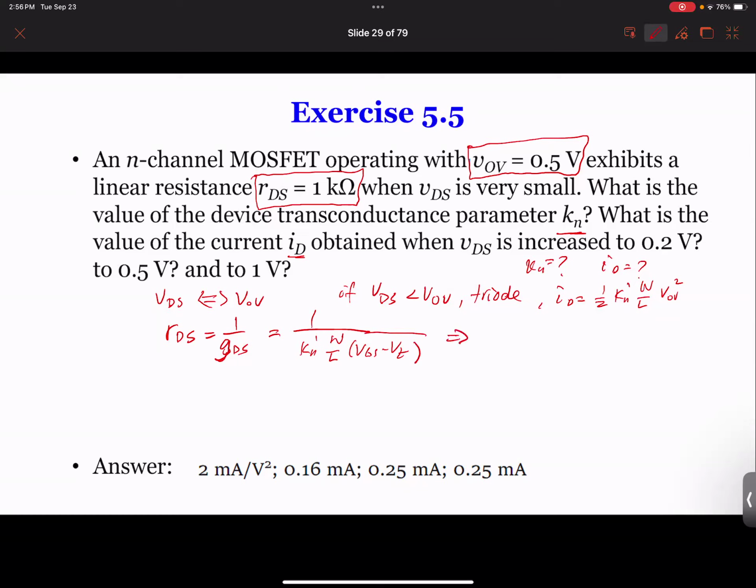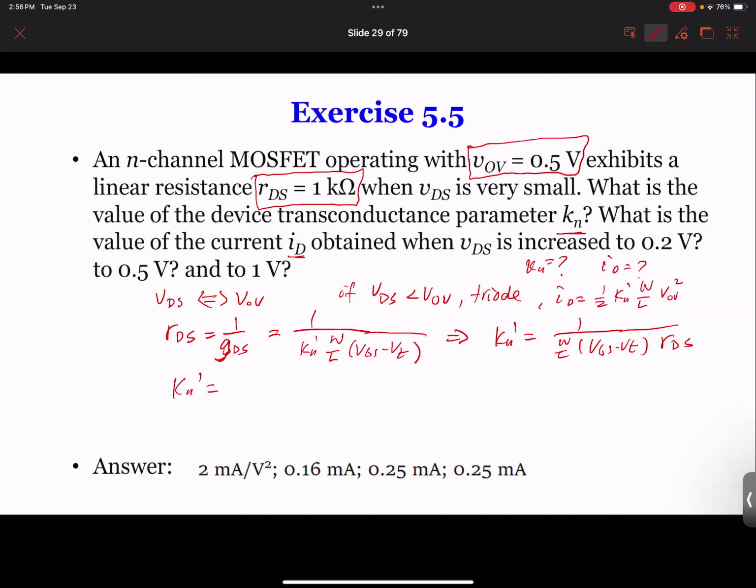Now from this equation, you can find out Kn prime is going to be 1 over W over L times VGS minus VT, and also times RDS. We can plug in all the numbers to see what we get.